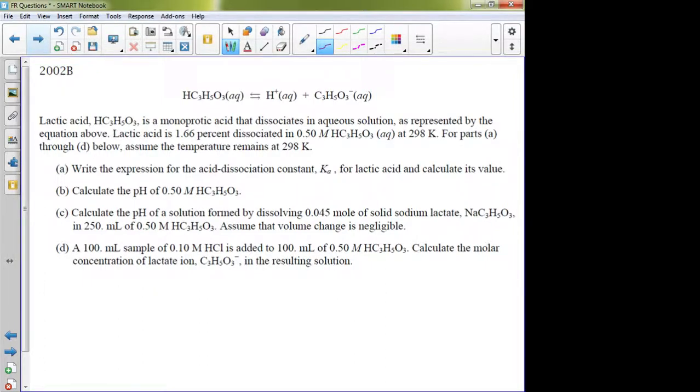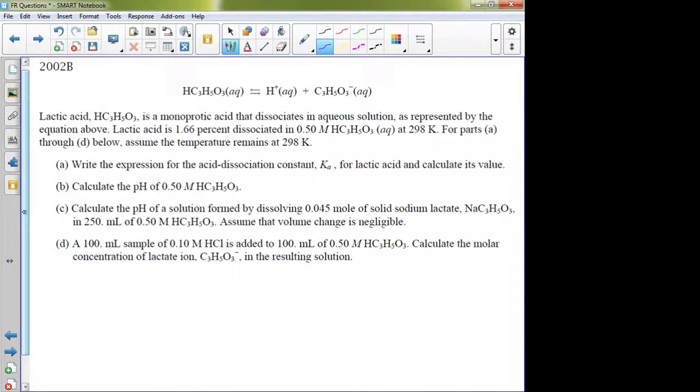All right, lactic acid is a monoprotic acid. What does monoprotic mean? Single. It only donates one hydrogen. That dissociates in aqueous solution as represented by the equation above. Lactic acid is 1.66% dissociated in a 0.5 molar lactic acid solution at 298 Kelvin.